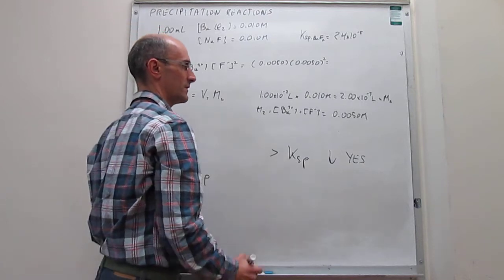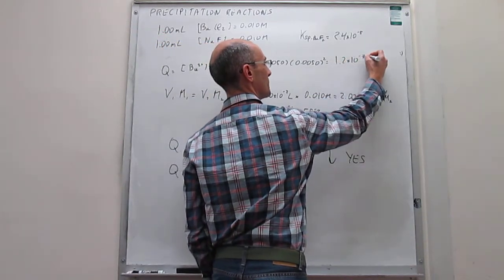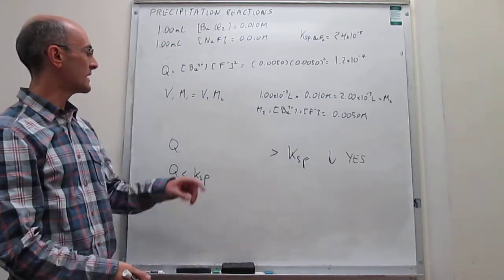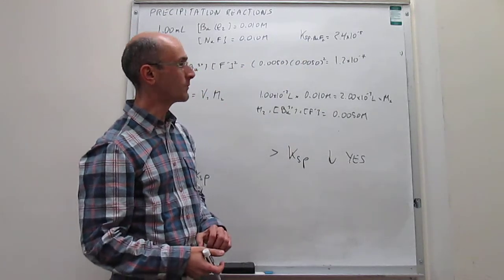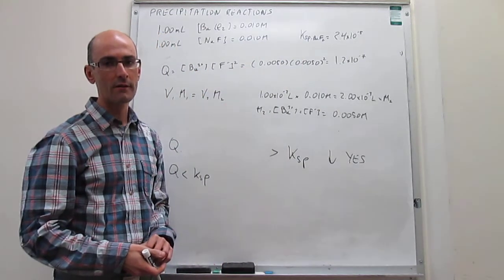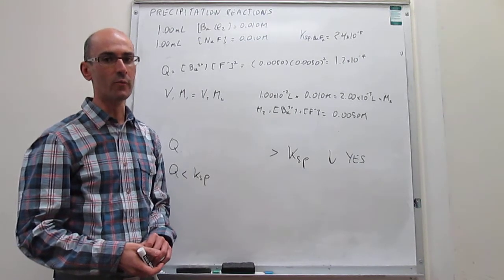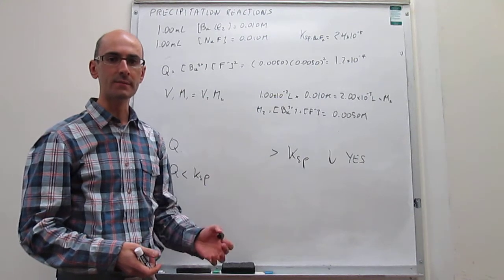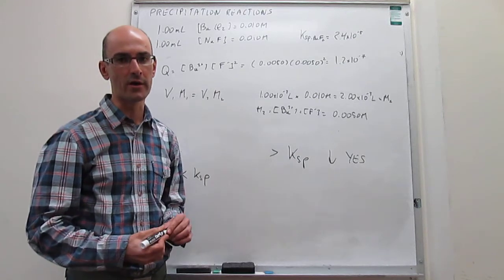And that number is 1.2 × 10^-7. So for this particular case, because the ionic product Q is lower than the solubility product, a precipitate does not form. You actually need more ions in order to be able to see barium fluoride precipitating out of solution. So this is kind of the application of this ionic product.